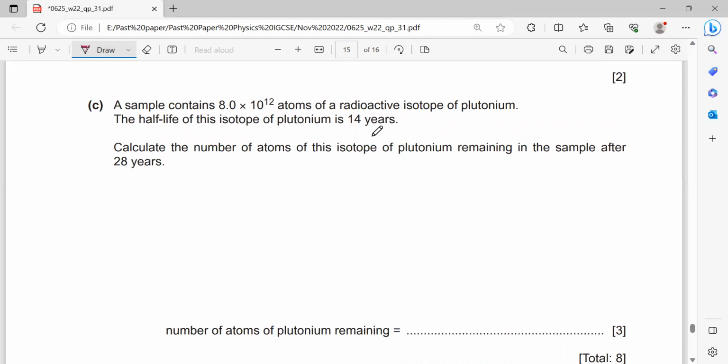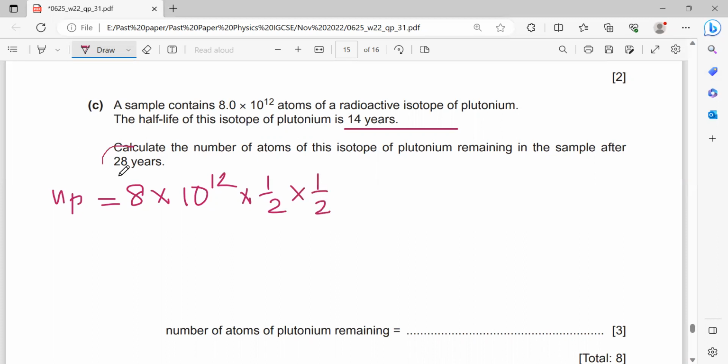After 28 years, it means 2 times 14 years, so there are two half-lives.